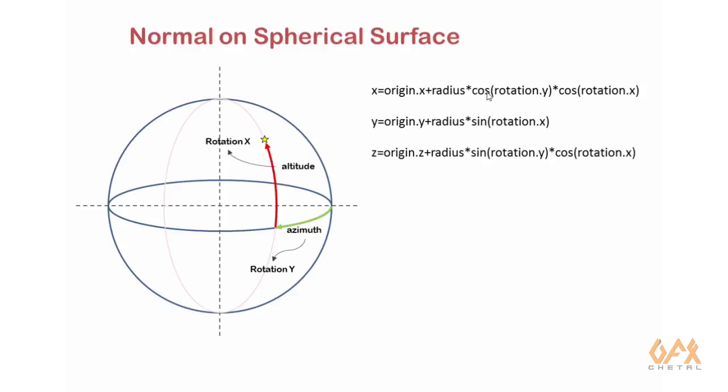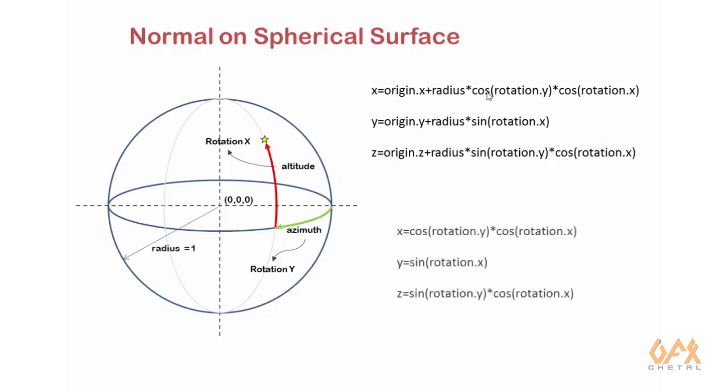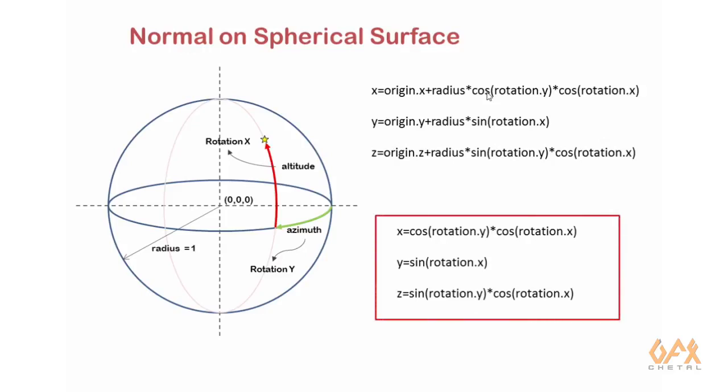Now in my condition my origin is 0 0 0 because this is my unit sphere and the radius is 1. So my x is cos rotation y times cos rotation x, y is equal to sine rotation x, and z is equal to sine rotation y times cos rotation x.